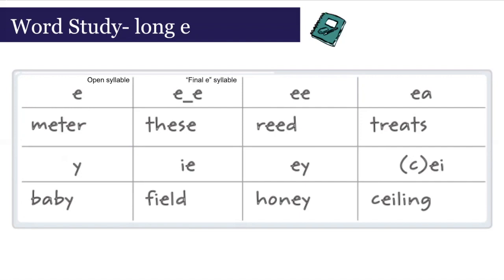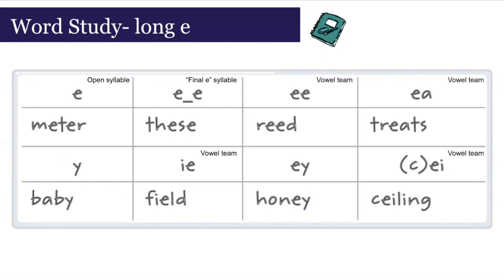Great job. Next, we have the patterns EE with read, EA with treats, IE with field, and EI with ceiling. Do you remember what we call two vowels that make up one sound?